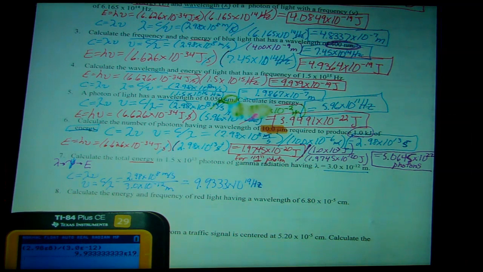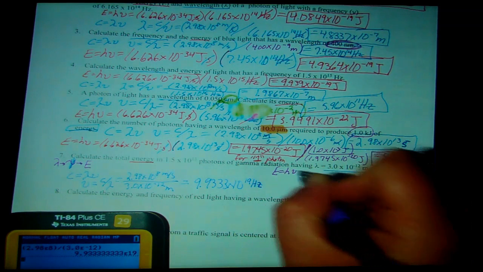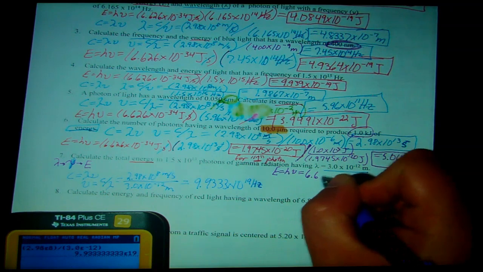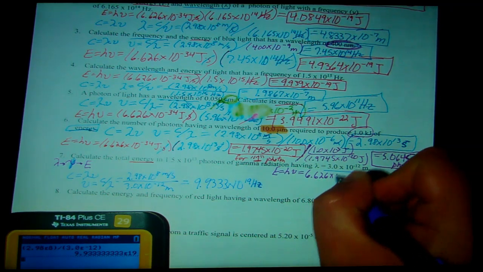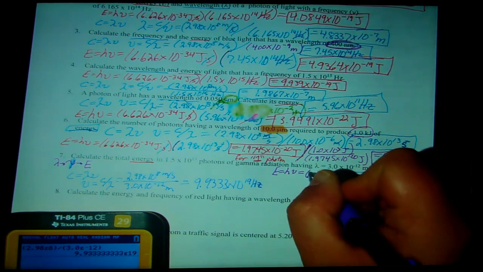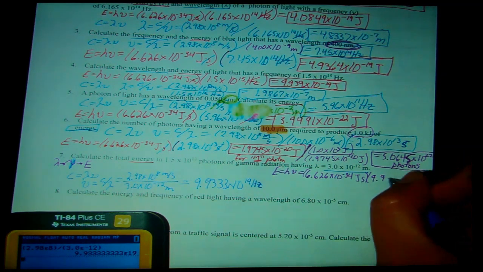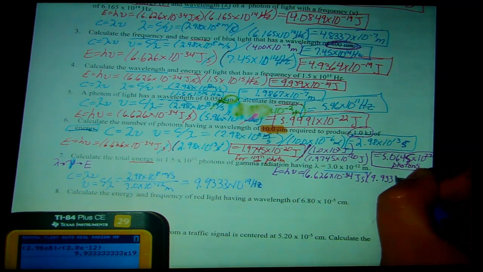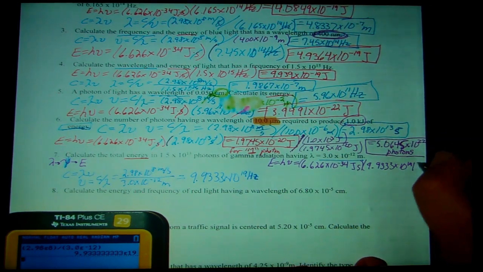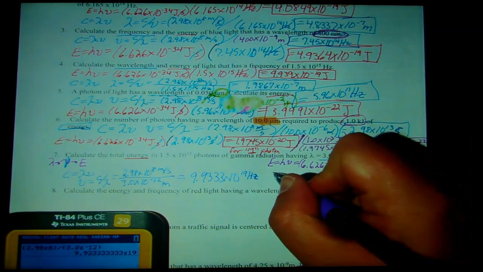So in this case, energy equals Planck's constant times frequency, which is equal to 6.626 times 10 to the negative 34 joule seconds times that frequency we just solved for, 10 to the 19 hertz. Hertz and seconds cancel, leaves me with joules, which is what I'm after.